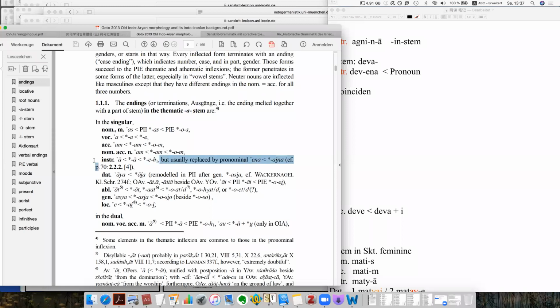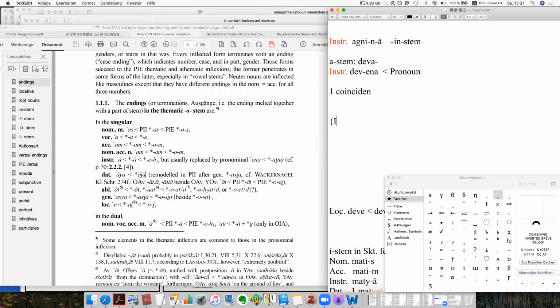So take a look. What is the instrumental? For PIE, the instrumental is H1. So this is the ending for PIE, Proto-Indo-European. This is the basic form for the instrumental, right?